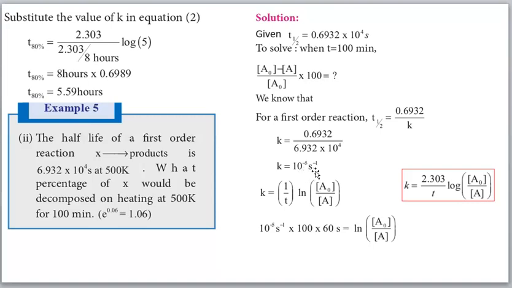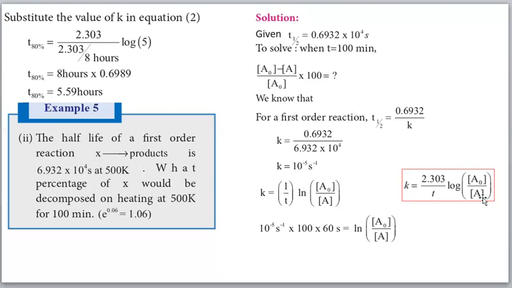Then you see the rate constant expression equal to 1 by t ln A0 by A. From where did we get it?